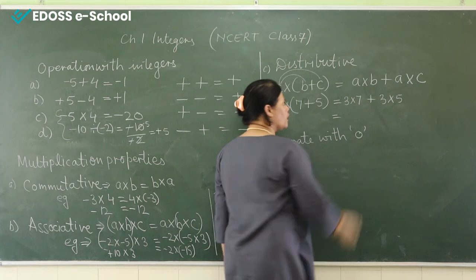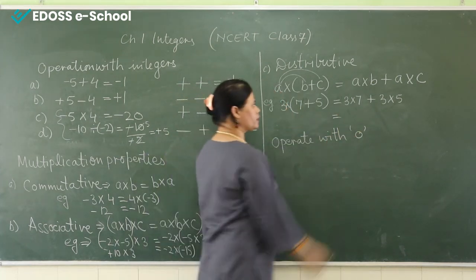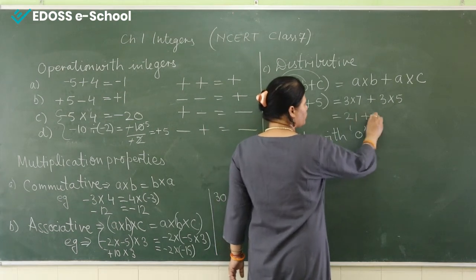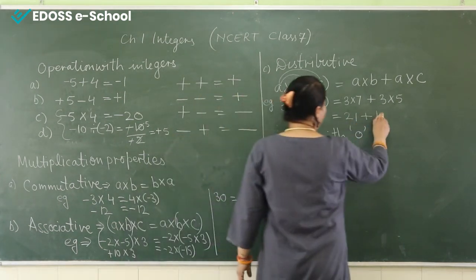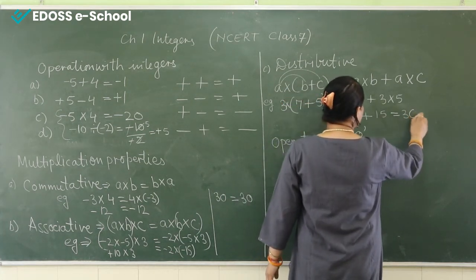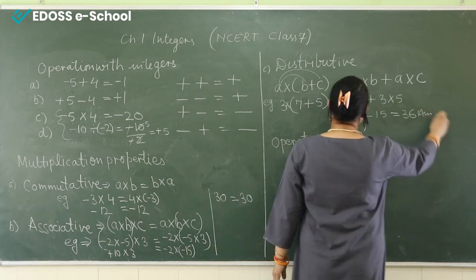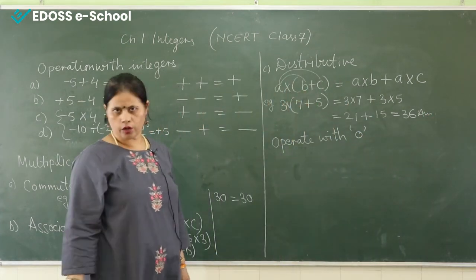And after that, when we multiply the numbers, can you tell me, 7 3s are 21, plus 5 3s are 15, and when we add the numbers, the answer is 36. So this is the distributive property, or you can say the distributive law, right?